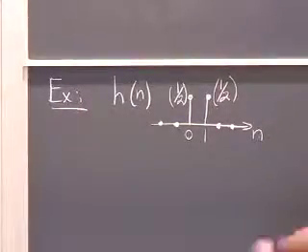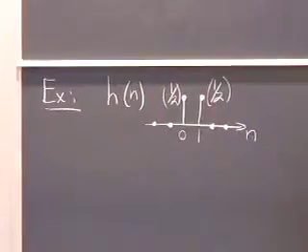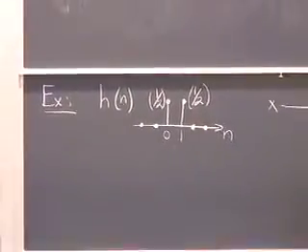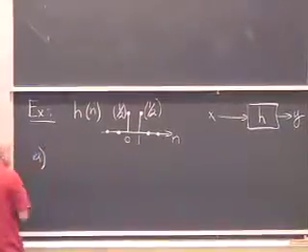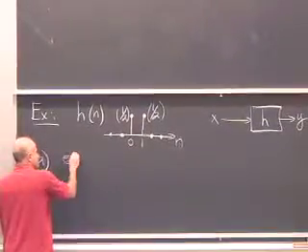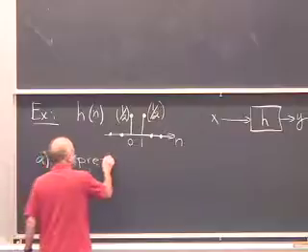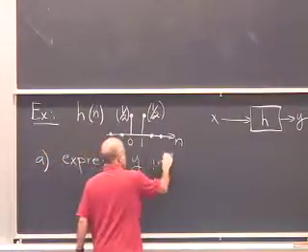Here's your system. That's the impulse response. You have an input signal x, you have an output signal y. The first thing I want you to do is express y in terms of x.